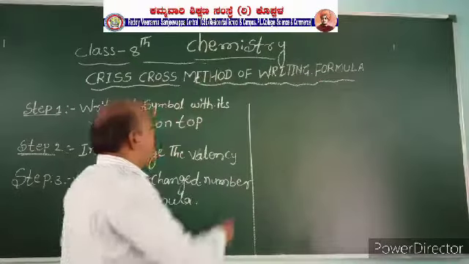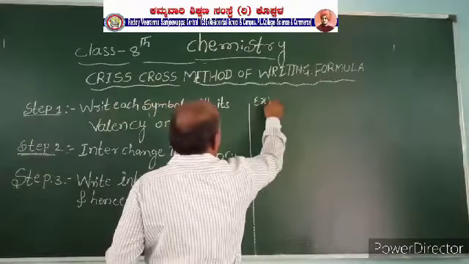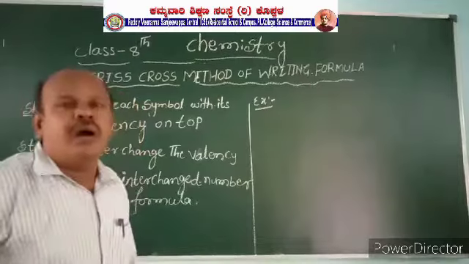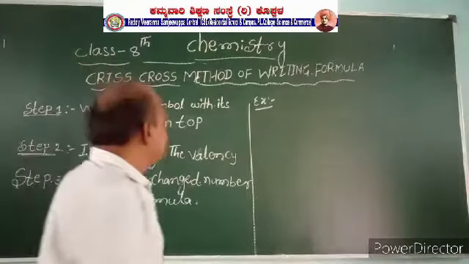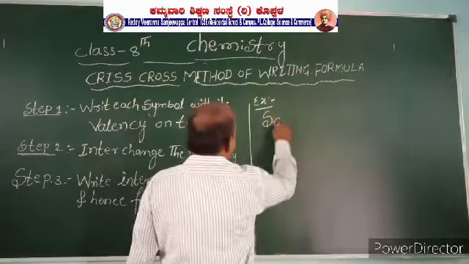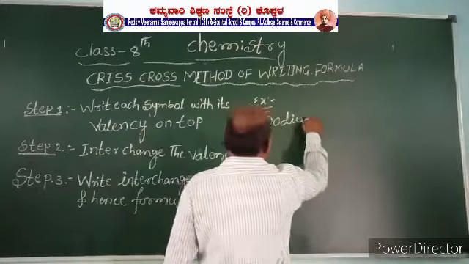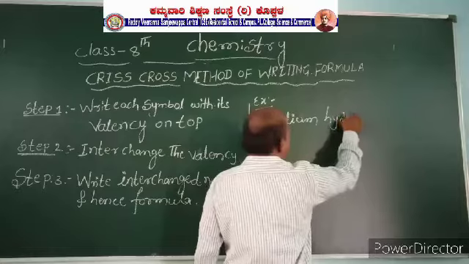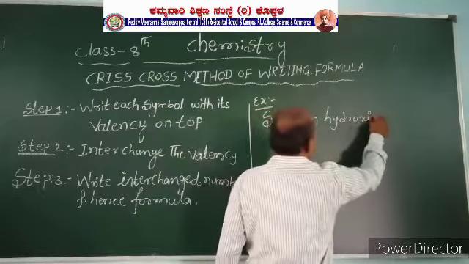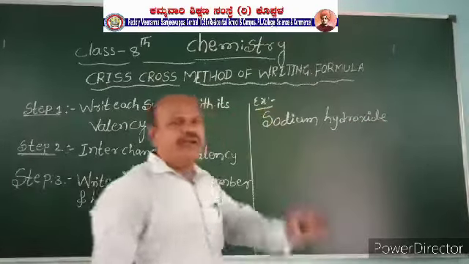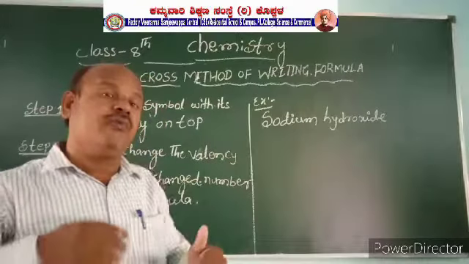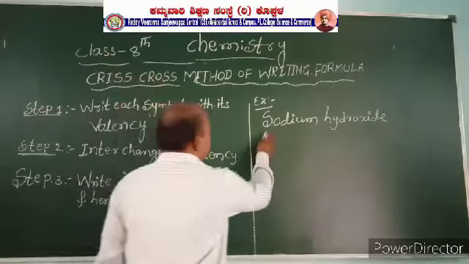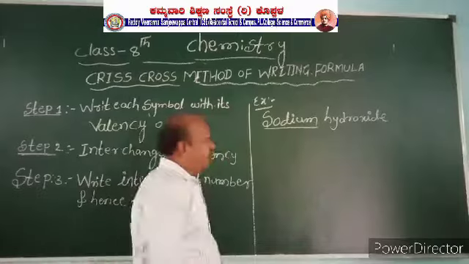Now we take one example, sodium hydroxide. Sodium hydroxide is one chemical. How to write the chemical formula of sodium hydroxide? Sodium metal is the positive radical.